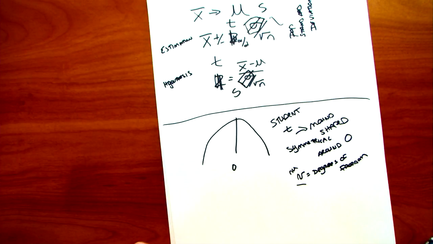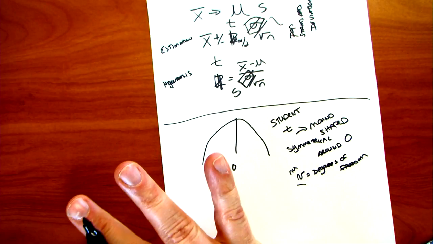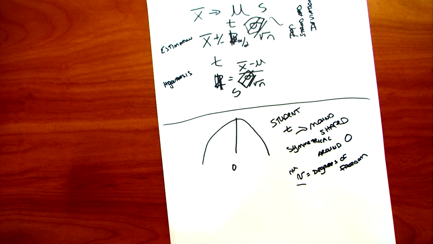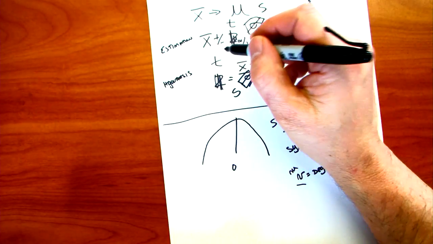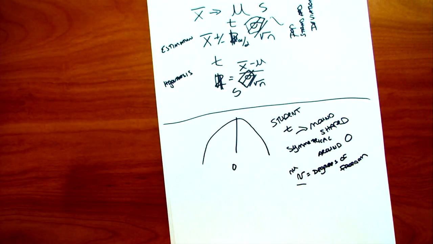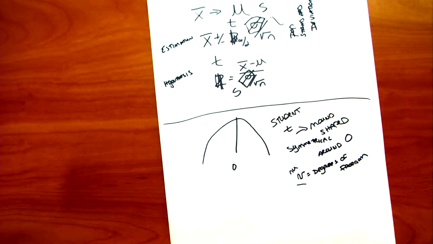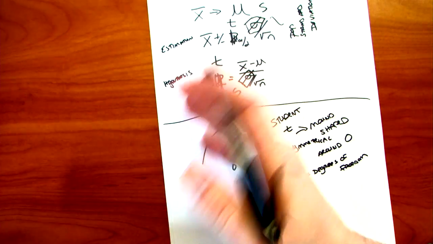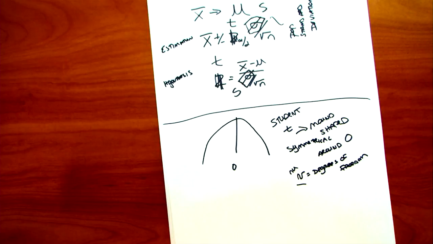So let's go back. Let's start again. I'm saying that we used these formulas to estimate the population mean when we didn't know it using the sample mean. We said there's an inherent issue in that formula. If we don't know the population mean, it's not likely that we know the population standard deviation.